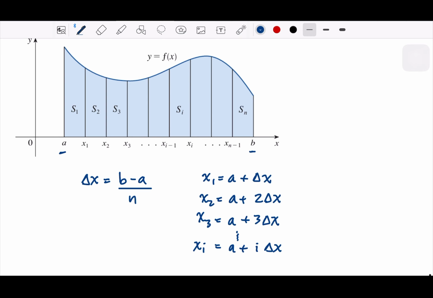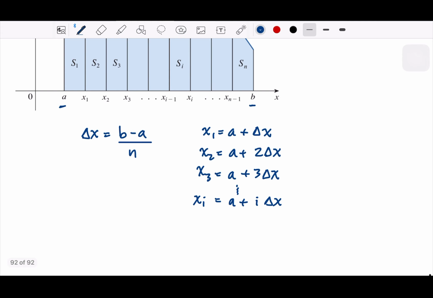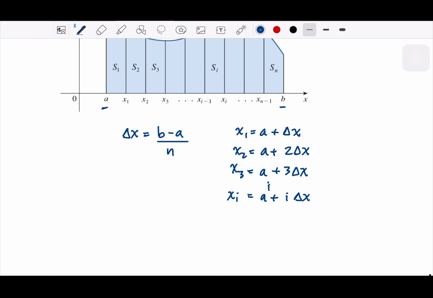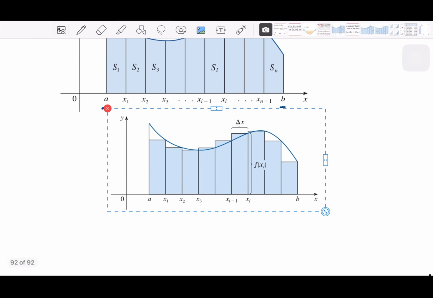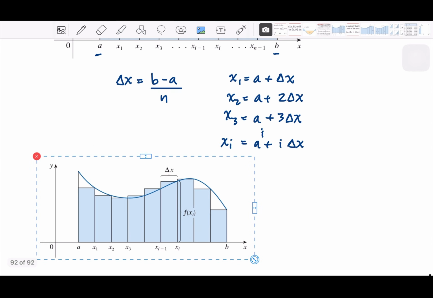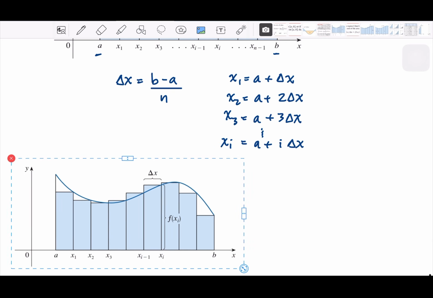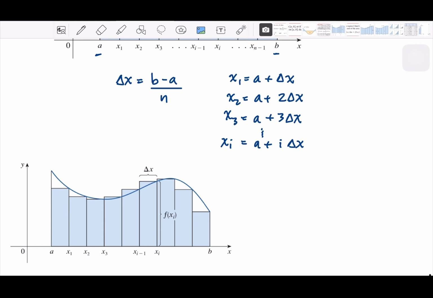And then if we would like to take the right endpoints, as we draw here, then simply we are going to multiply the base with the height.